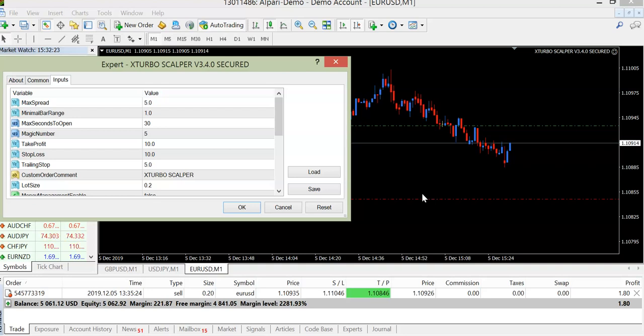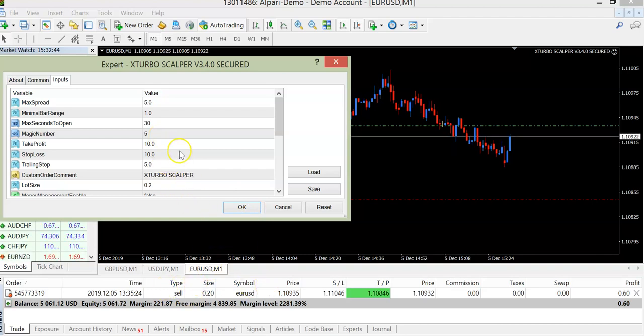Maybe on each pair you will have several trades per day, sometimes 1 or 2, sometimes maybe 10, depending on the market. So you see, these are the three. Magic number is not important, it's only needed if you have a few charts.